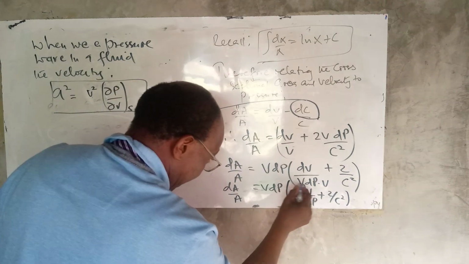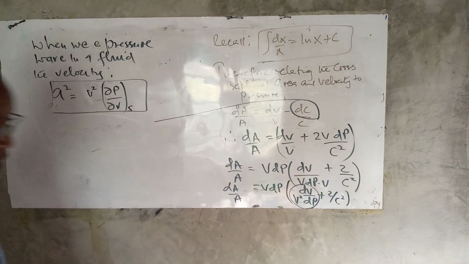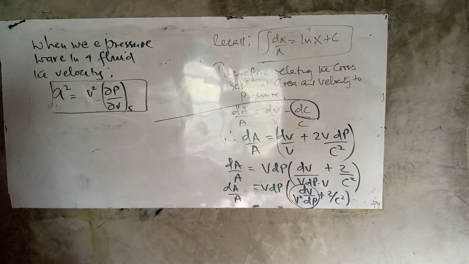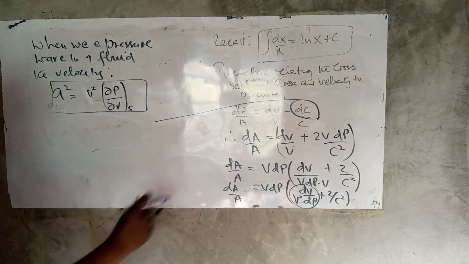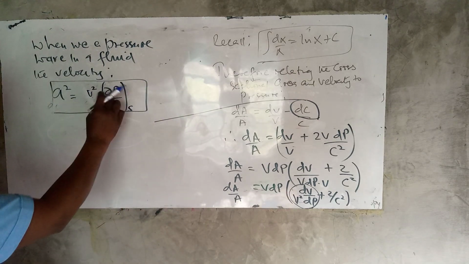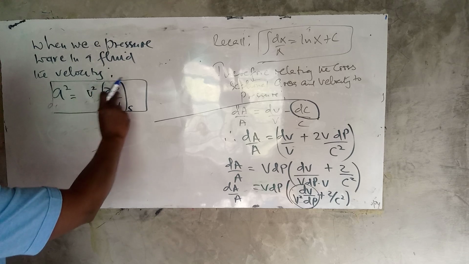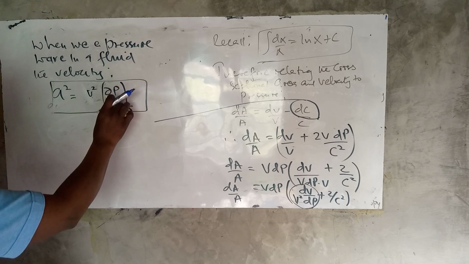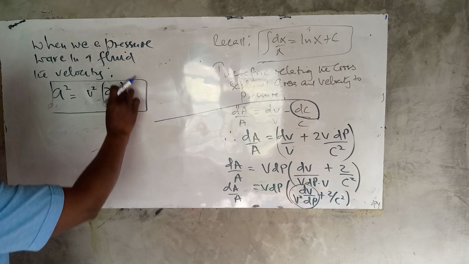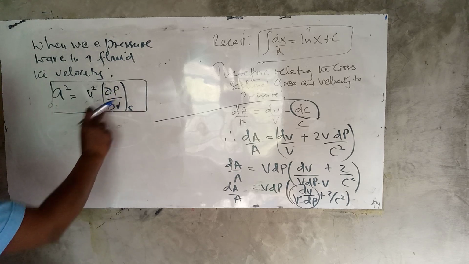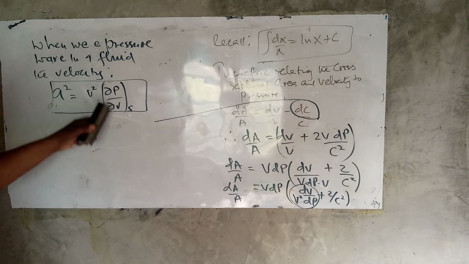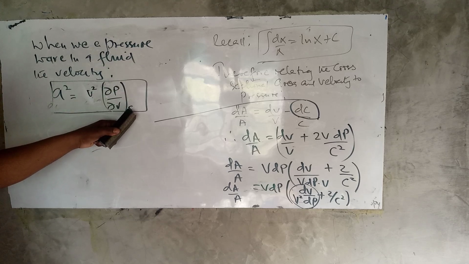We can now put in the expression for the velocity of the pressure wave, which is given by V squared times the change in pressure with specific volume at constant entropy. Remember, these are partial derivatives, so the subscript written outside the bracket is kept constant.